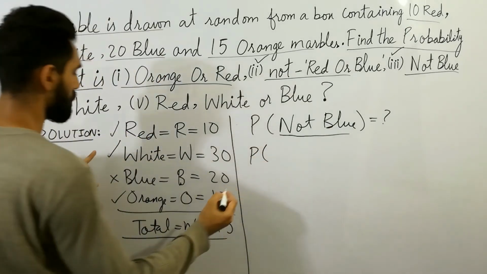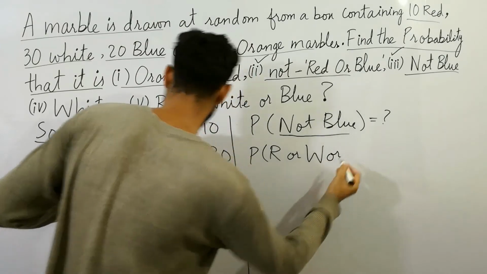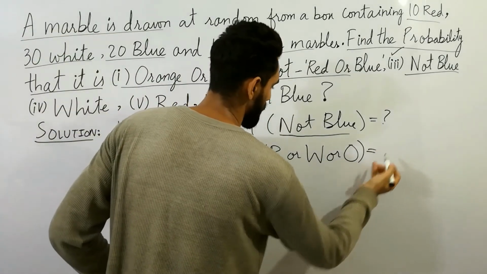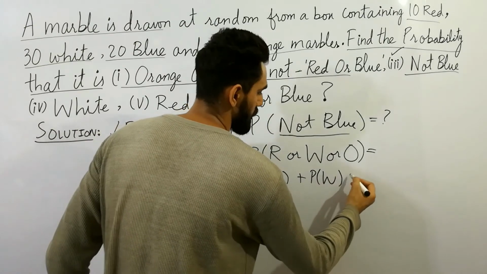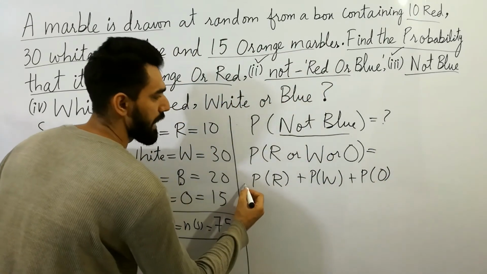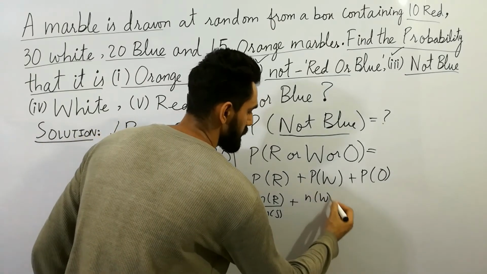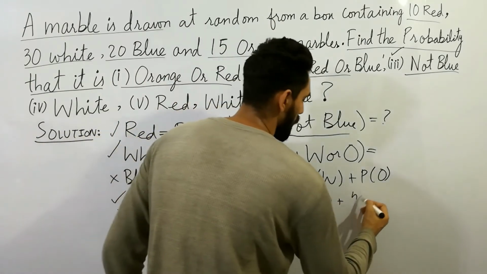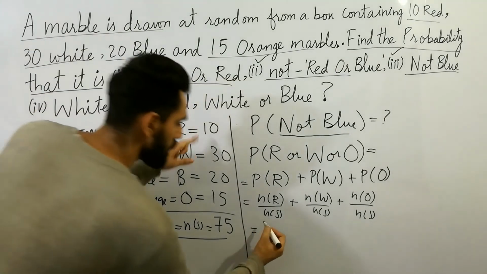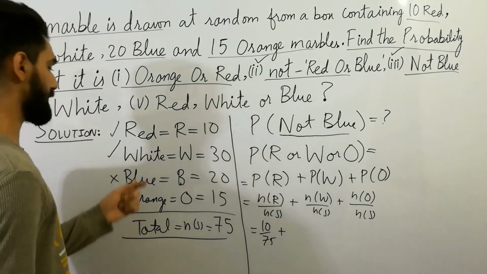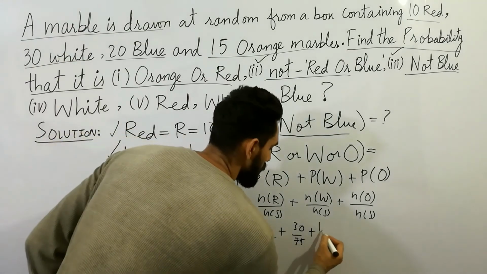So the probability of red or white or orange is the probability of red plus the probability of W plus the probability of orange, which is 10 over 75 plus 30 over 75 plus 15 over 75.